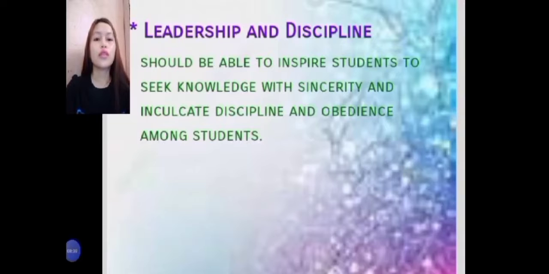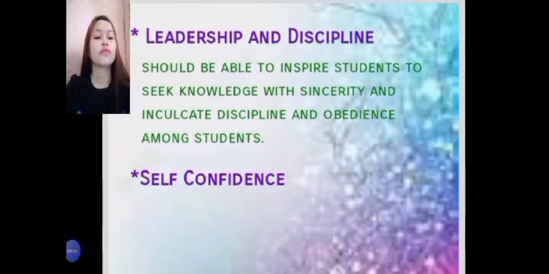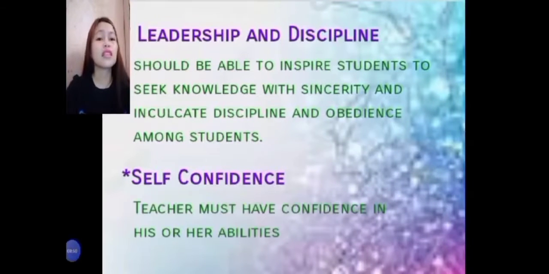Another good quality a science teacher must possess is great self-confidence. A teacher must have confidence in his or her abilities. This confidence must be demonstrated through his behavior in general and his classroom teaching in particular.